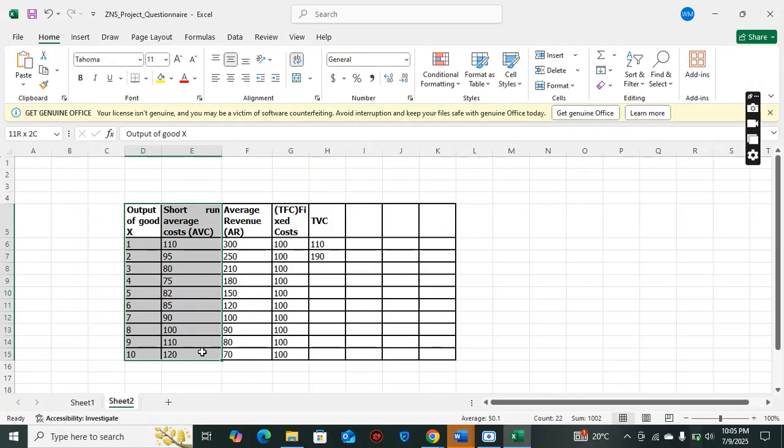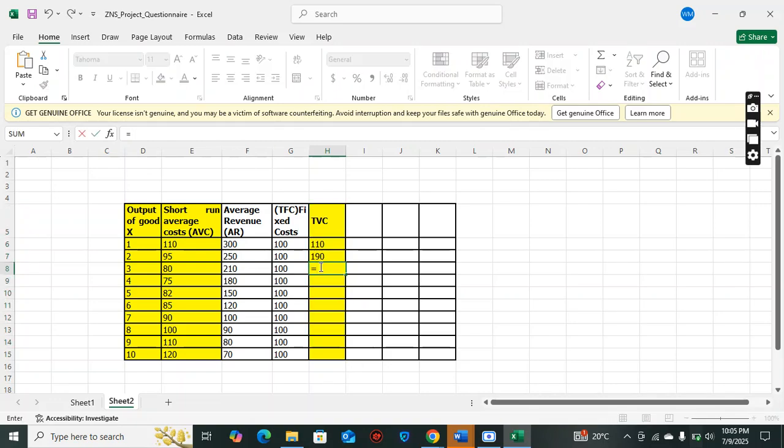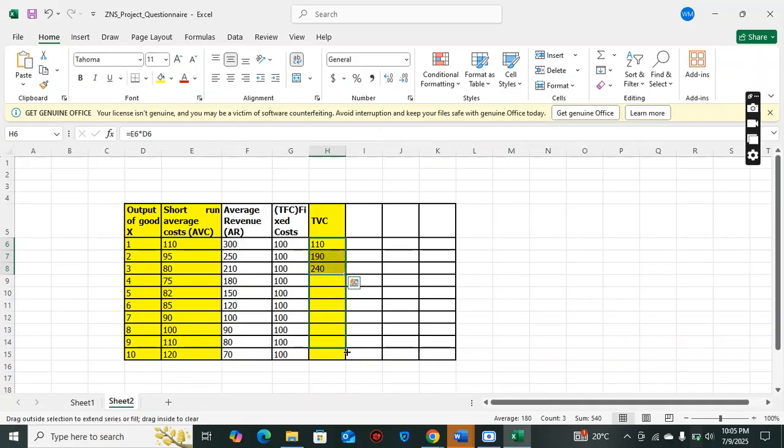Remember, I'm just multiplying these two columns here, okay, to get this here. Okay, 3 times 80, get 240. Any questions before we go to the next column?